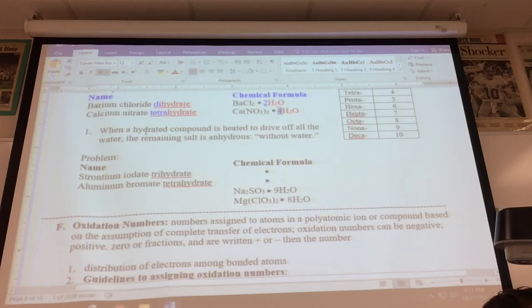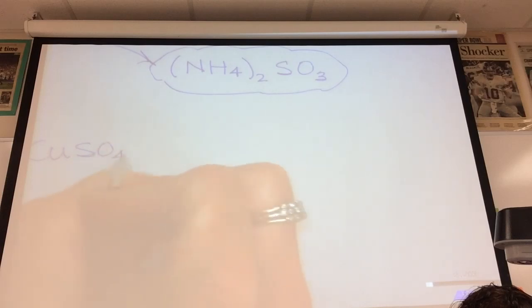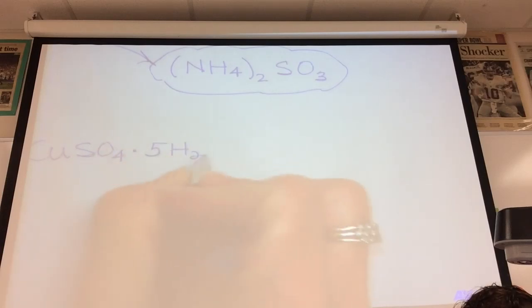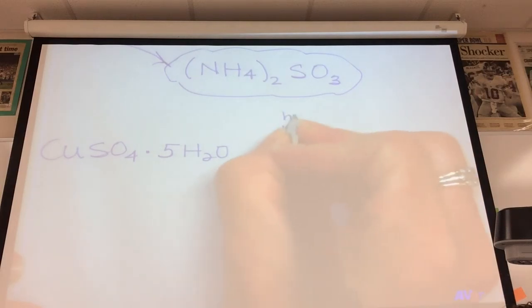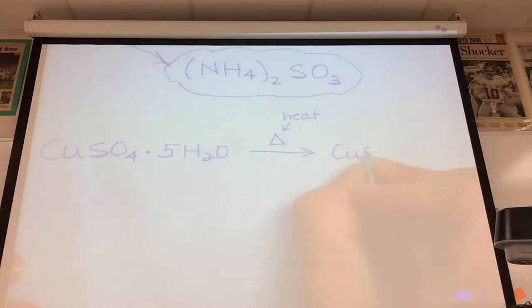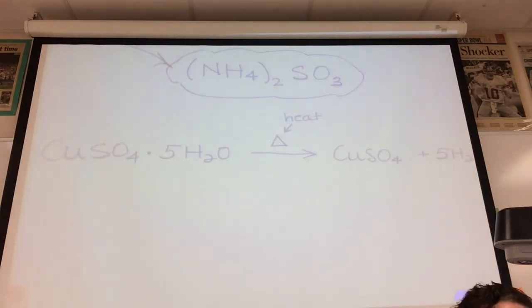When you heat a hydrated compound, you will drive off all the water, and this is something we'll be doing later in the year. We are going to start with copper 2 sulfate pentahydrate, so 5 water molecules within the crystal lattice. If you heat it, represented by that triangle, you'll get copper 2 sulfate, and the 5 water molecules will go into the environment because they'll be in the gaseous form.